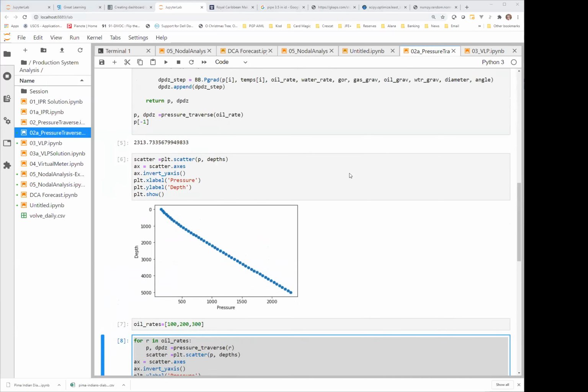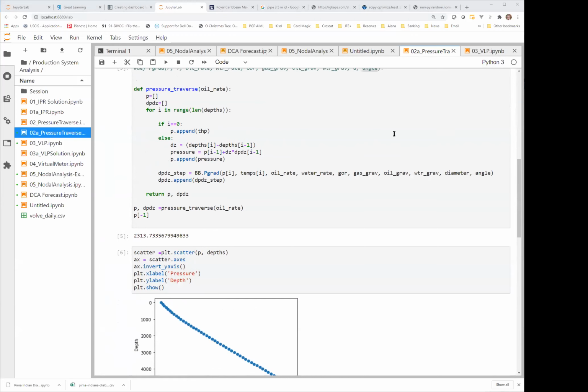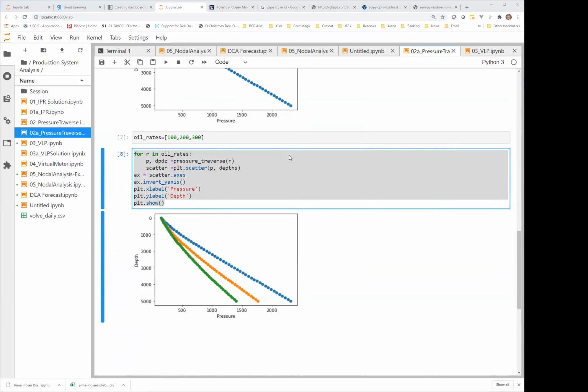This is from the VLP standpoint, or from pressure traverse. Then if we want to go further and do the VLP, the vertical lift is going to be the solution point at my depth. And in this case, the depth is normally referring to the sand face.